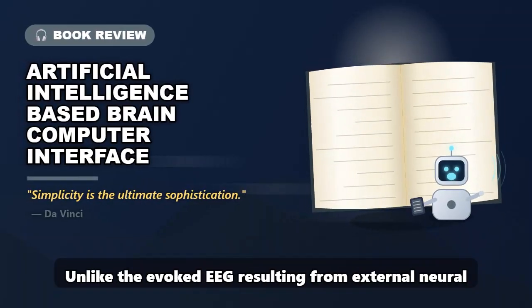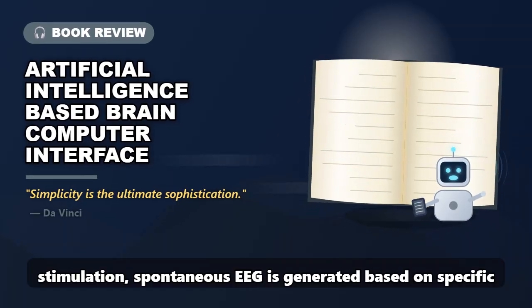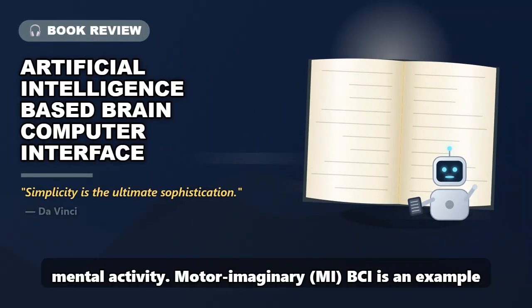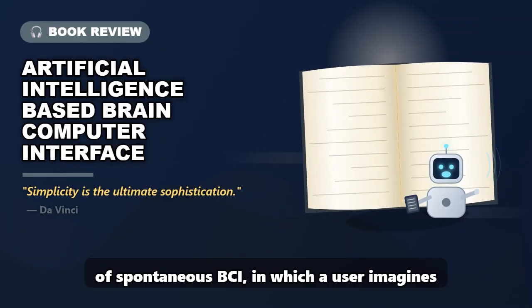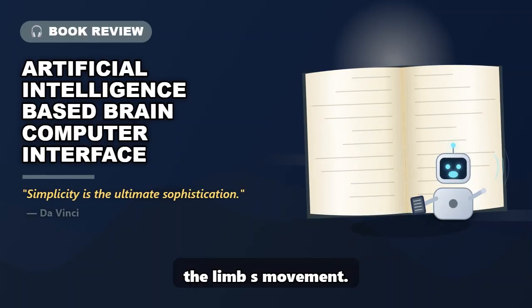Unlike the evoked EEG resulting from external neural stimulation, spontaneous EEG is generated based on specific mental activity. Motor imagery, MI-BCI is an example of spontaneous BCI, in which a user imagines limb movement.